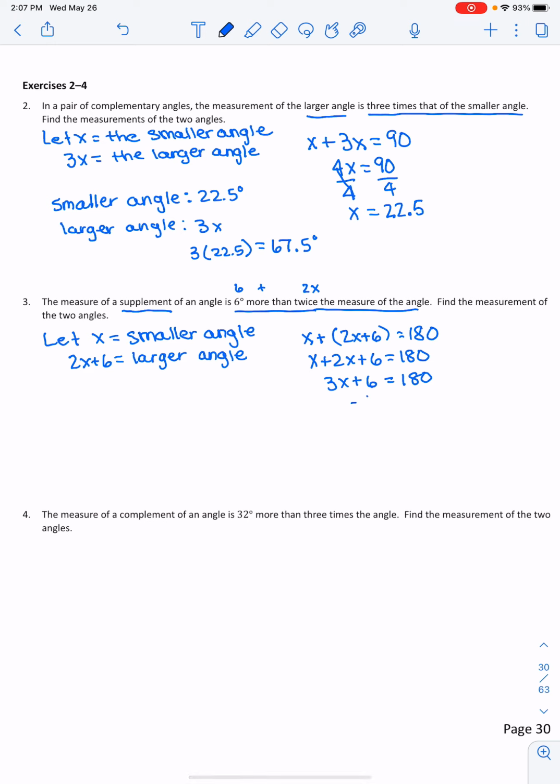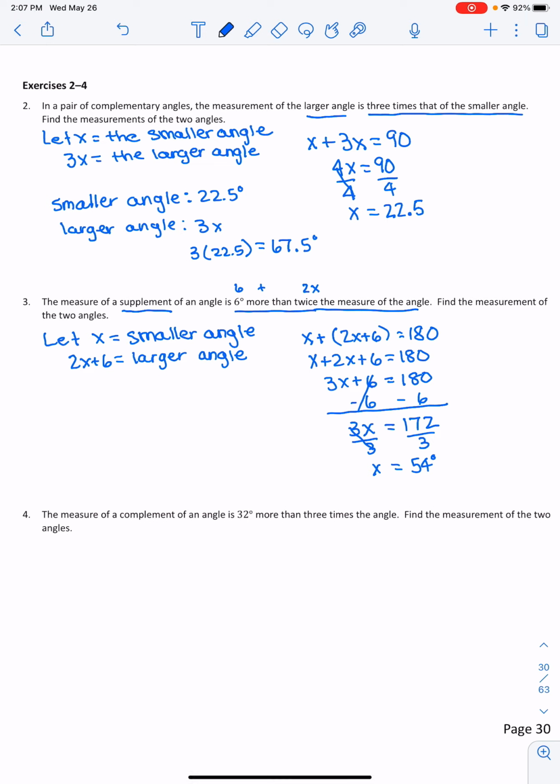Next, we're going to subtract 6 from both sides. So I have 3x on my left side. On my right side, I have 172. And then I'm going to divide both sides by 3. So I have x equals 54 degrees.